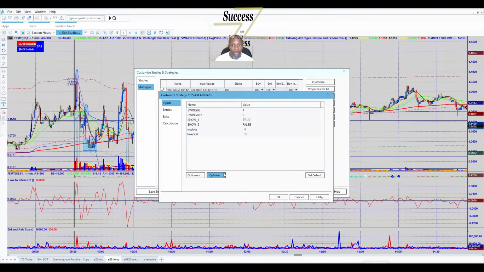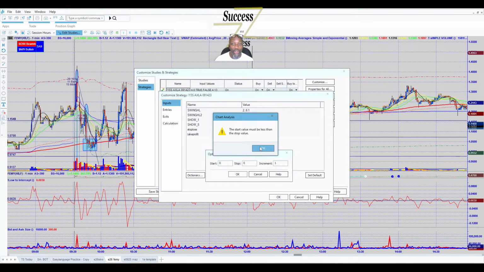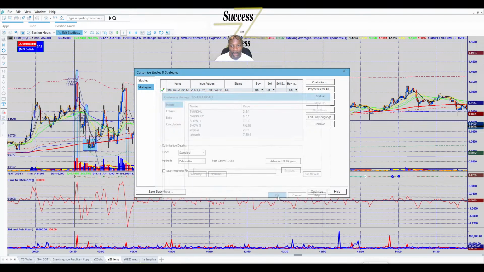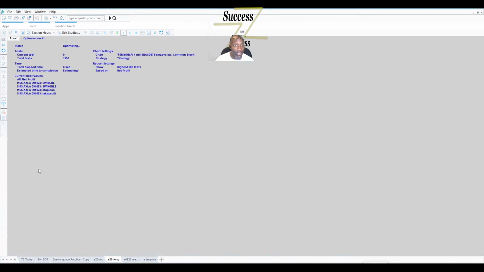So we're going to optimize it and see if it works on this chart. Oh, but I think I also don't have a 5-minute time frame in the back of this one, so I might have to add that. And the stop loss and target profit have to be honed down a little bit.